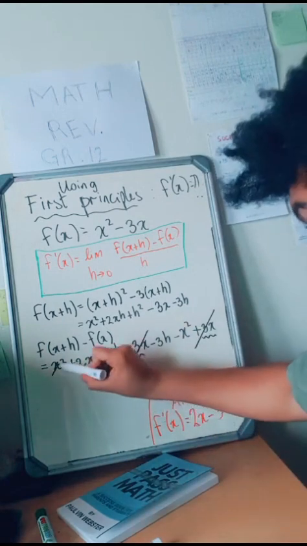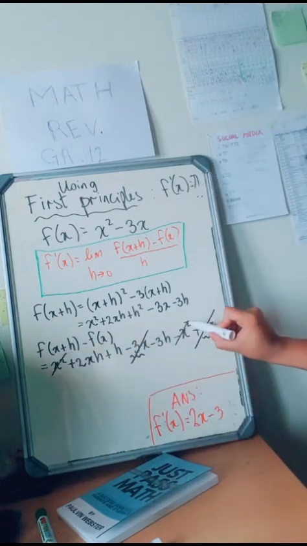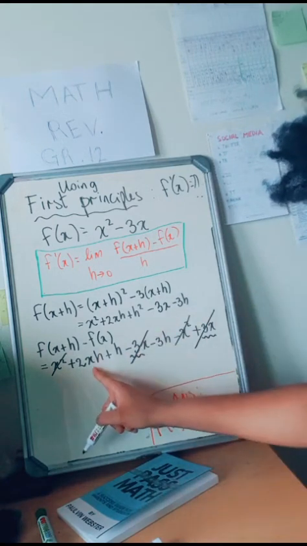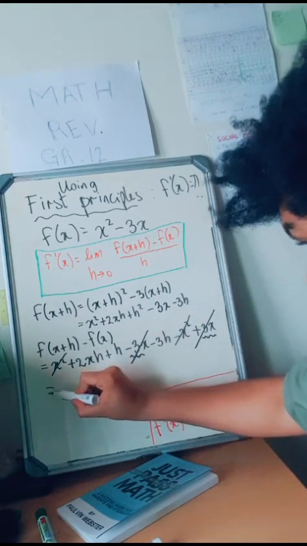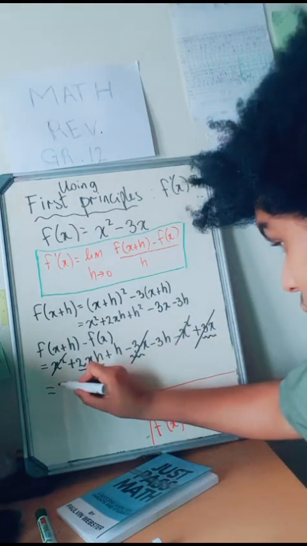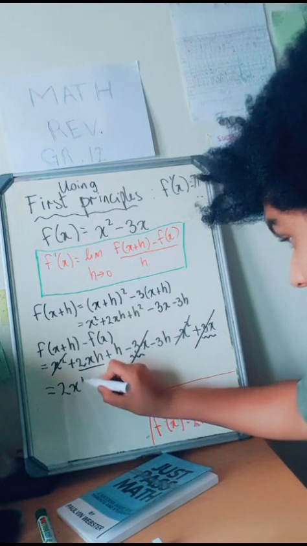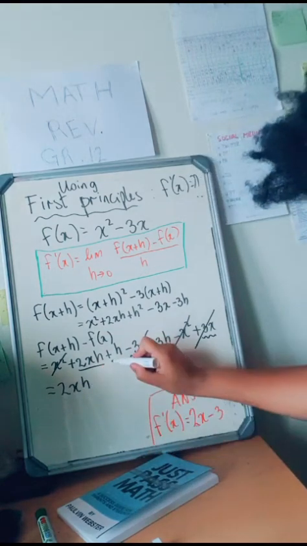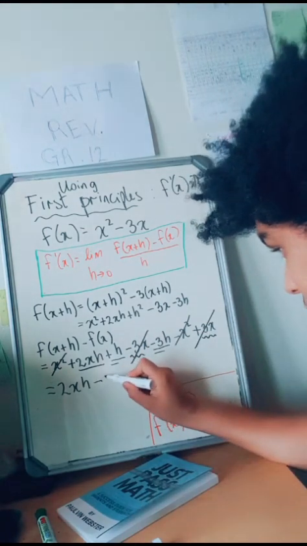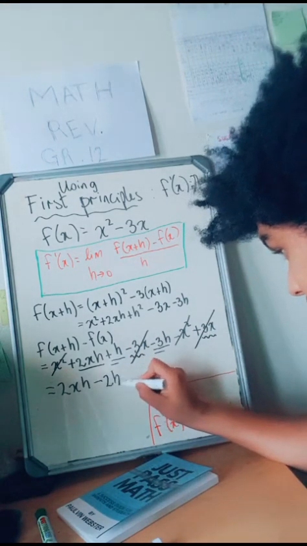And then this x squared and that one is going to cancel. Then this one is on its own. I don't see anything else. So it's going to be 2xh. This and this are like terms, so that's going to be negative 2h.